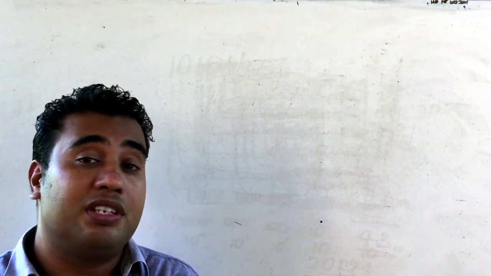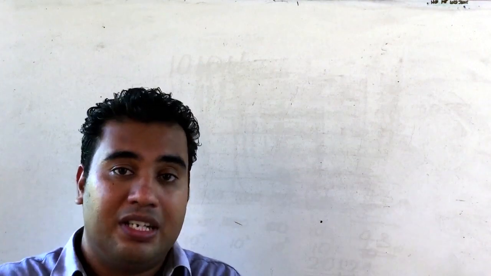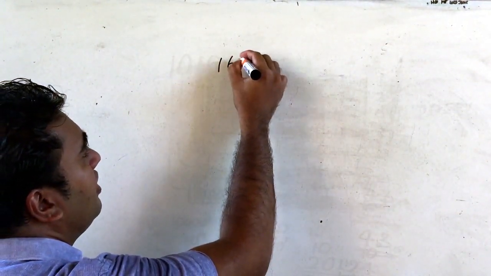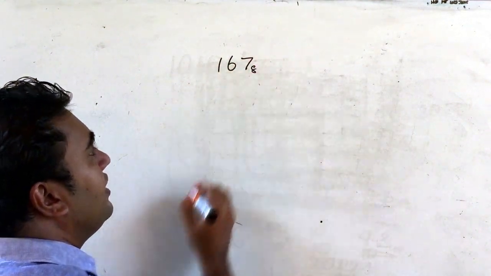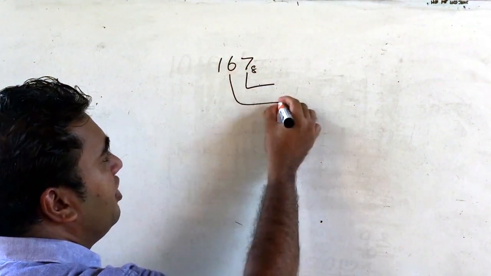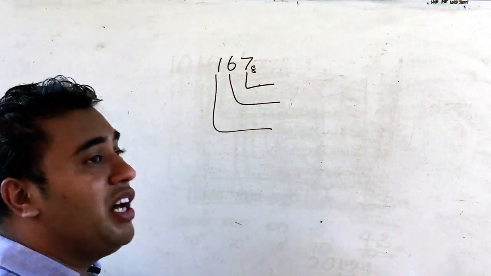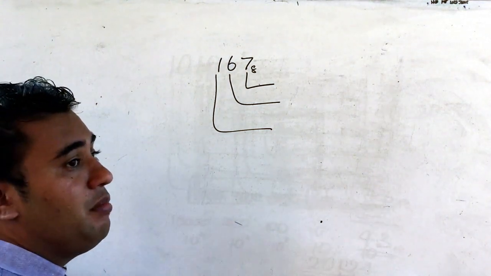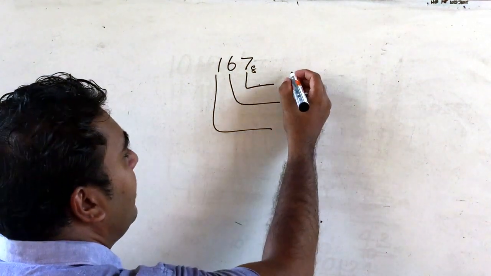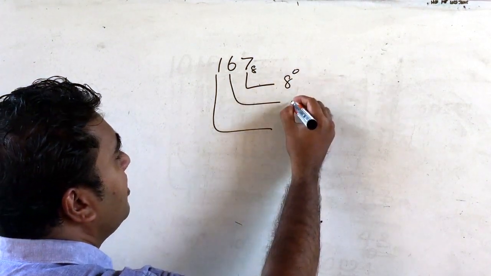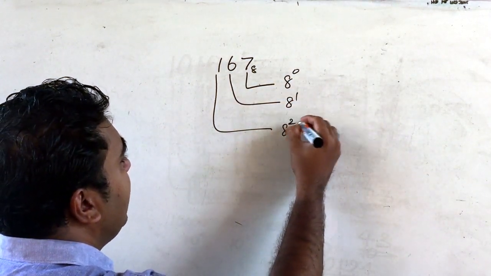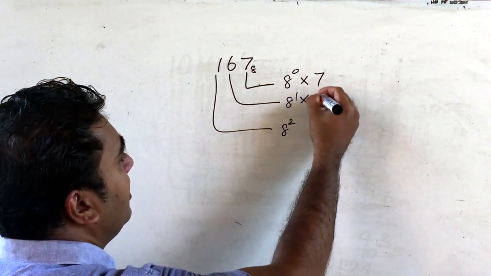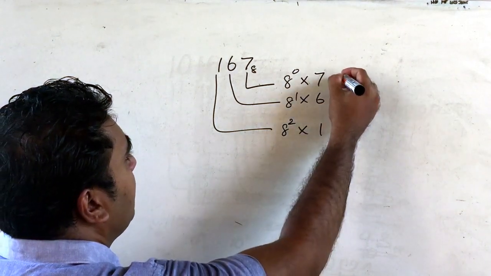Okay, now let's see how to convert an octal value to its respective decimal. Let's take 1, 6, 7. We are going to write the place values of each digit and multiply them together. So the place value of the digit 7 is, the base is 8, so 8 to the power 0, 8 to the power 1, 8 to the power 2. We are going to multiply the digits 7, 6, 1.